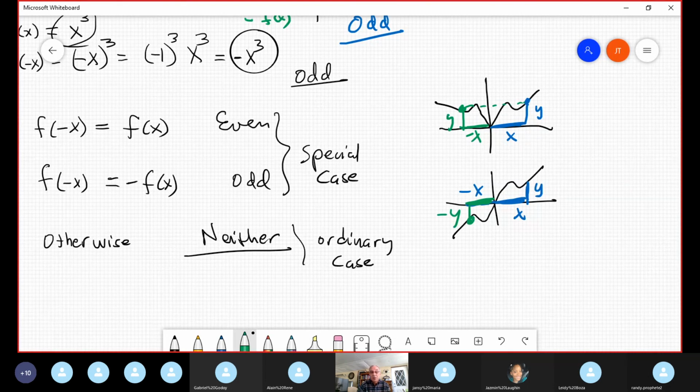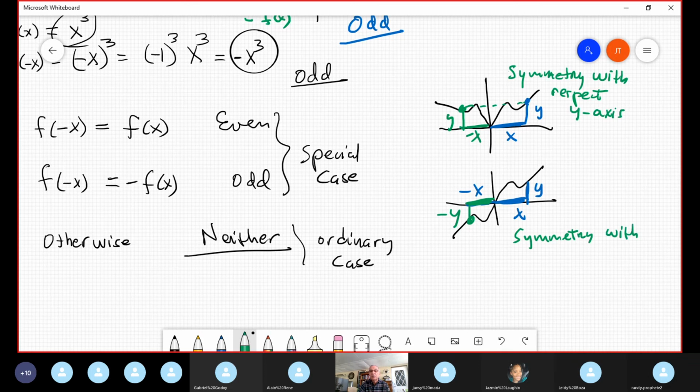This is symmetry with respect to the y-axis, and the name of this is symmetry also, symmetry with respect to the origin. I suppose the origin, because, look, this is the origin 0,0, and this distance and this distance are the same. It's somehow symmetry with respect to the origin.